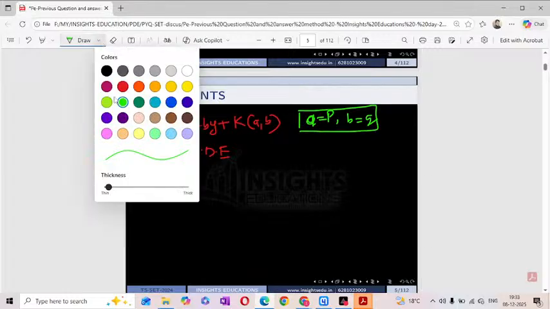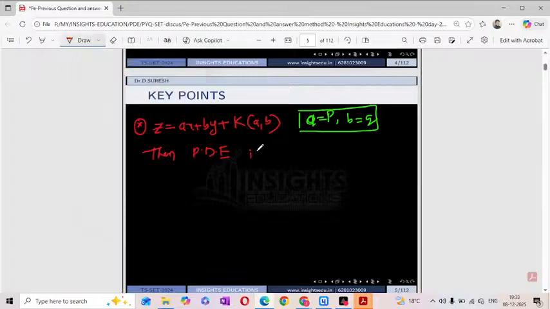So then the differential equation is Z is equal to Px plus Qy plus function of P comma Q. Just you have to substitute in place of A, P, in place of B, Q only.